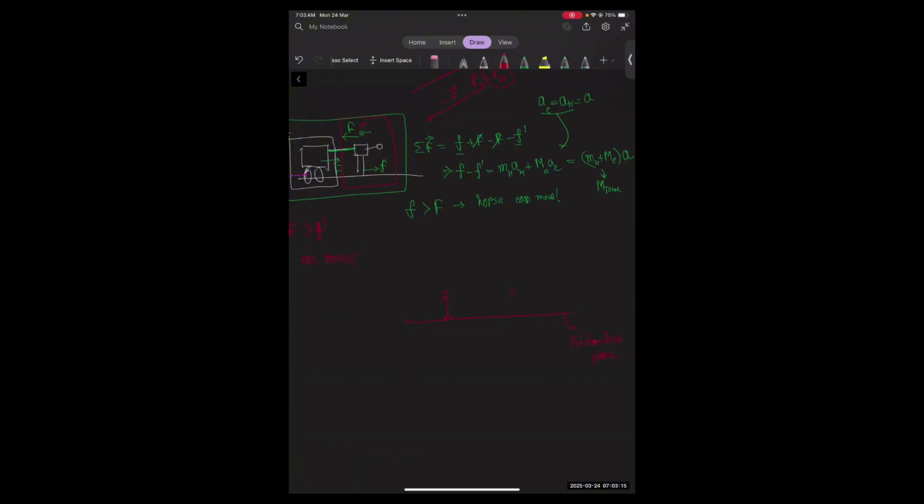And then there's another person standing here. And they are basically pulling on the rope, tug of war. So this person is pulling on the rope with force F. This person is pulling on the rope with force F as well. Now there is something more deep going on here, but for our purposes, just assume that these two forces happen to be the same in magnitude.